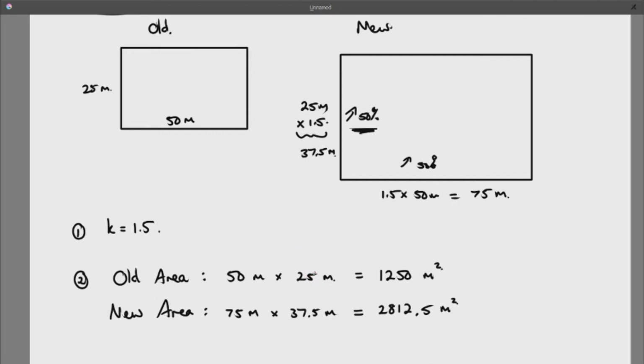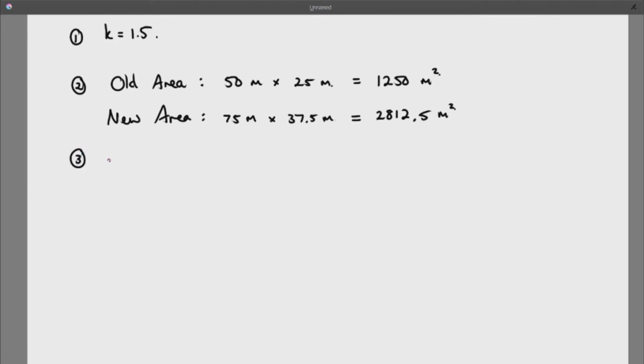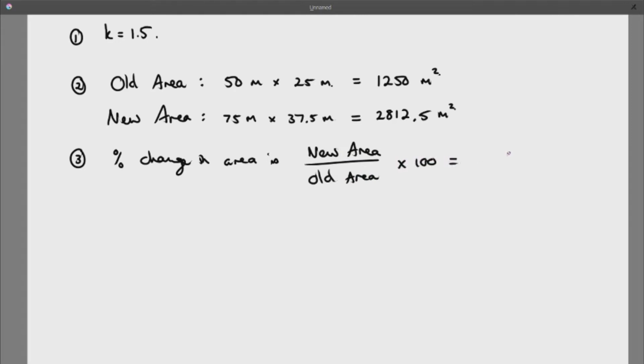Now the question is, what is the percentage change in the new area from old to new, and what can I observe? So percentage change in the area is new area over old area, and I want to make it a percentage, so I'm going to times it by 100 to get the percentage, of course, an increase, which we can see.